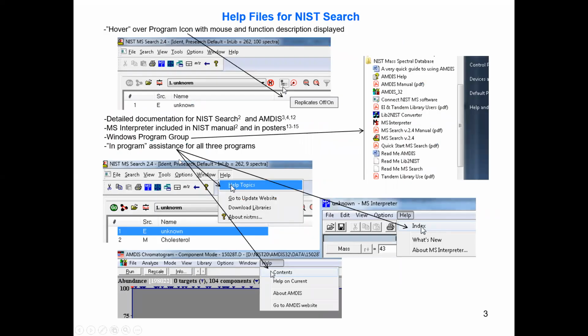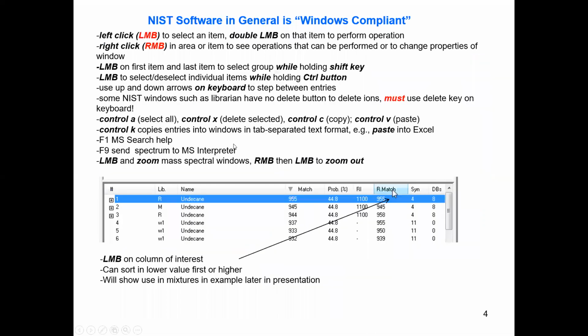There are a lot of help files for the NIST search in general and AMDIS in particular, and you have them within the program, you have them within manuals that you can find on my website, the most current one, and you can also find them on help screens and also the pull-down menu that shows different programs that they have. So if you need help, look around. There's a lot of information on how to use the programs in general.